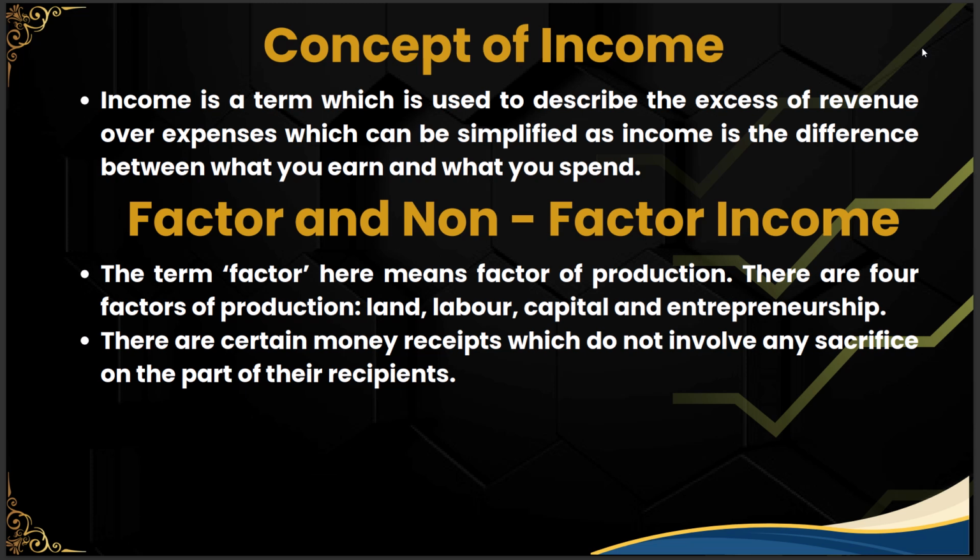Because with these types of incomes, like someone gives you a donation or charity, it just represents a transfer of money without any good or service being involved in return for the receipts. It should also be noted that national income only includes the factor incomes but does not include the non-factor incomes. You should remember this clearly.